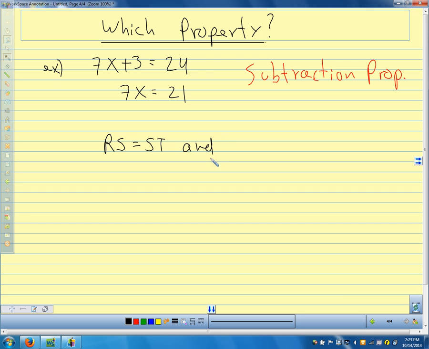How about I'm going to say RS equals ST and ST equals TU. So RS equals TU. All right, before we answer this question, let's remember what is RS? What is ST? What are those things? When I say RS is equal to ST, what am I saying? What am I saying are equal? What is RS?